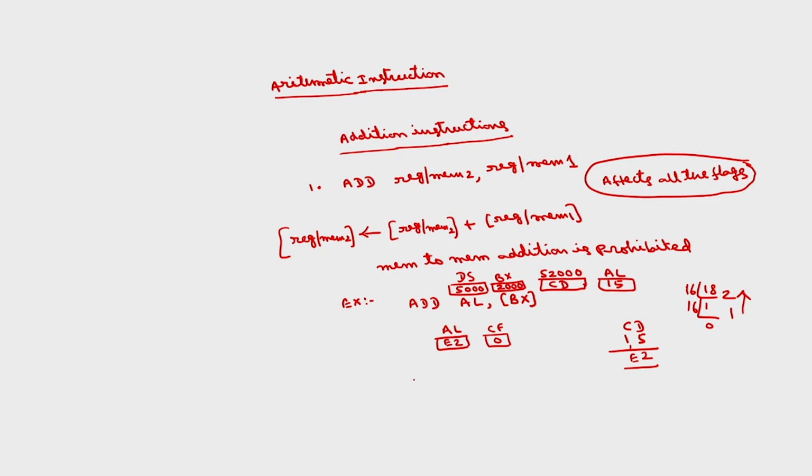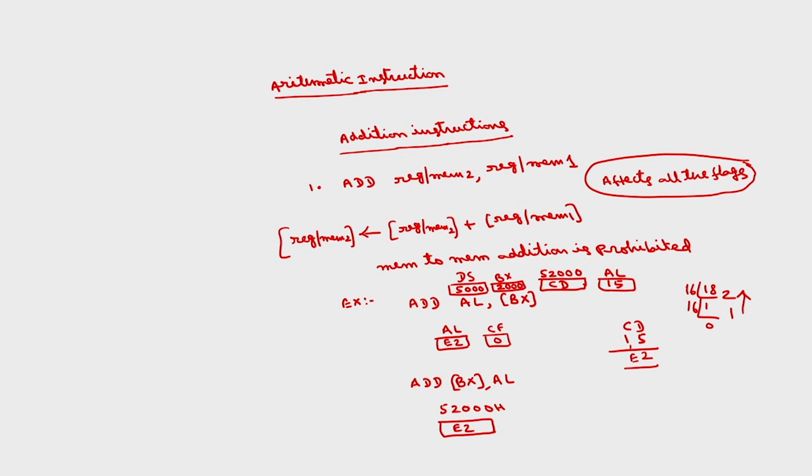If you have ADD BX comma AL, then this result E2 will be stored in 52,000H. So one of these two operands should be a register, both cannot be memory. This is the simple ADD instruction.